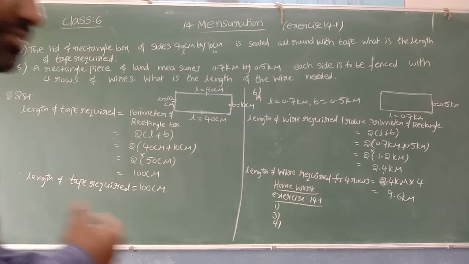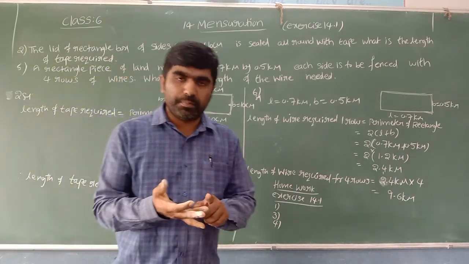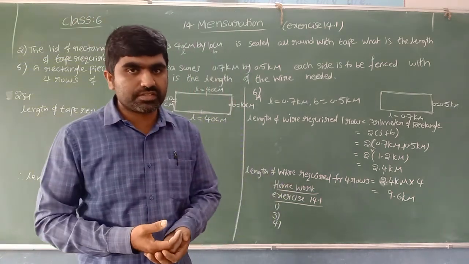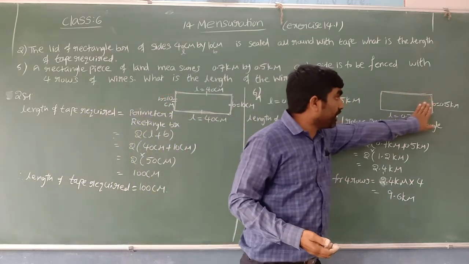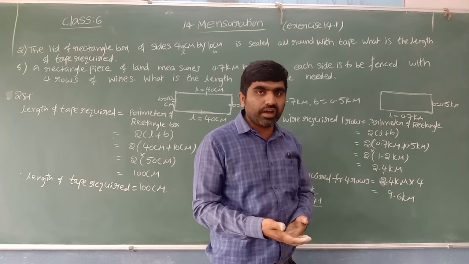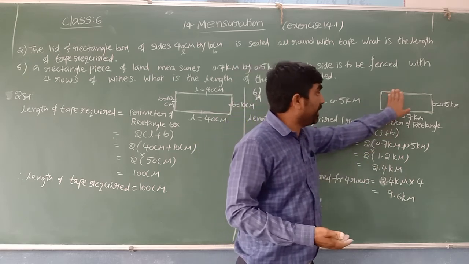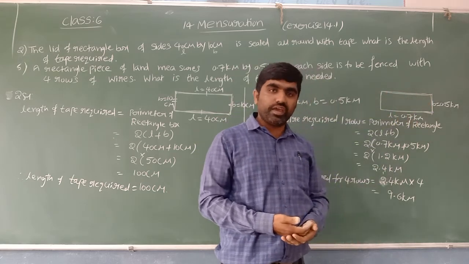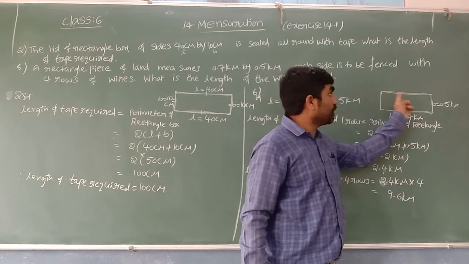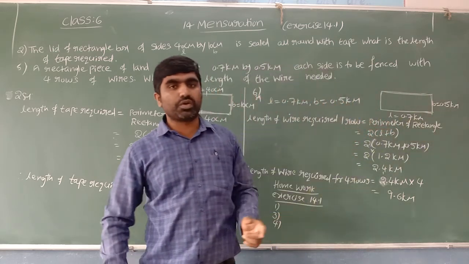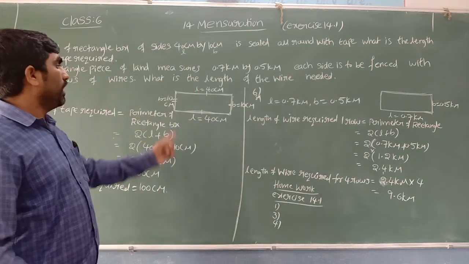Yes, children, in today's class we learned about area, perimeter and regular polygons. As I said, area is the inside place of a closed figure. When you want to know the inside place, we need to find the area. And also we learned perimeter. Perimeter is the total length of the boundary of a closed figure.